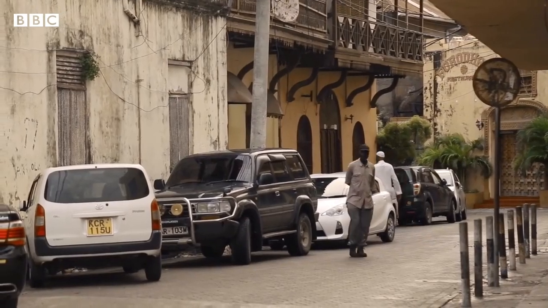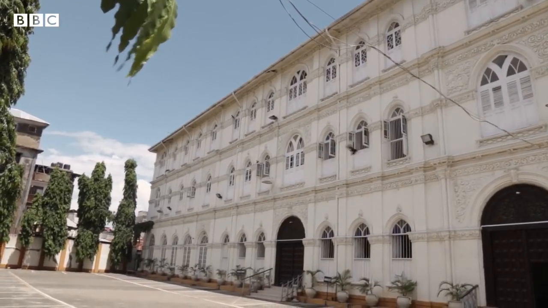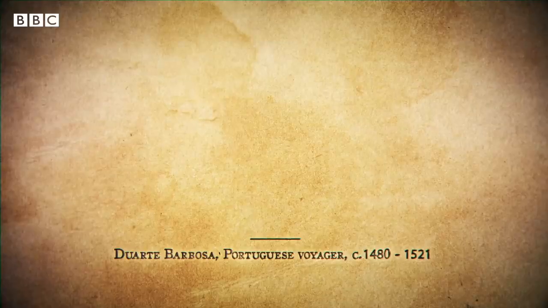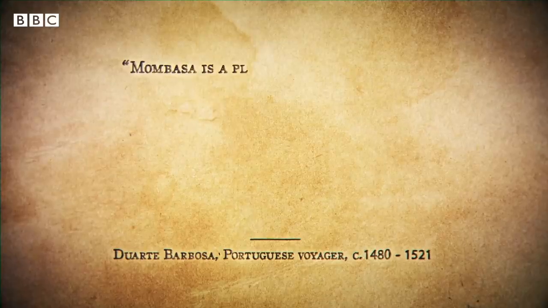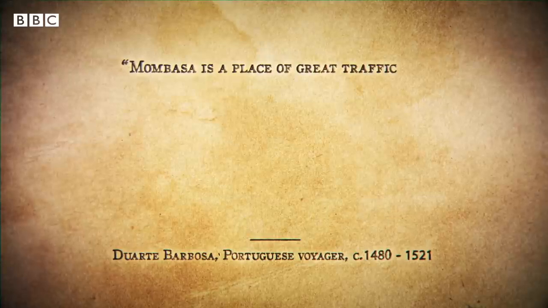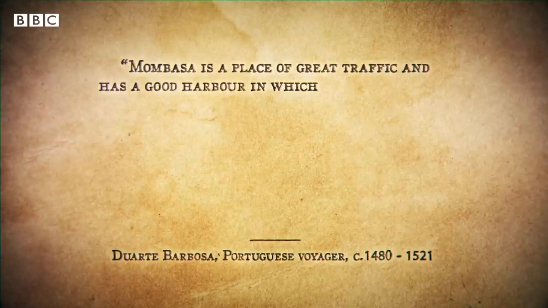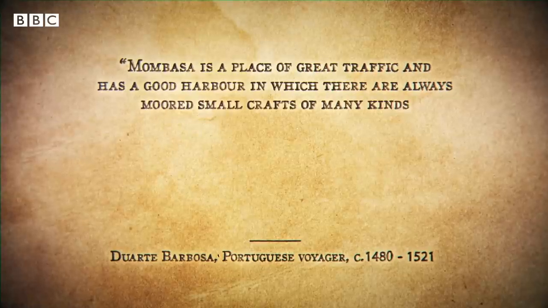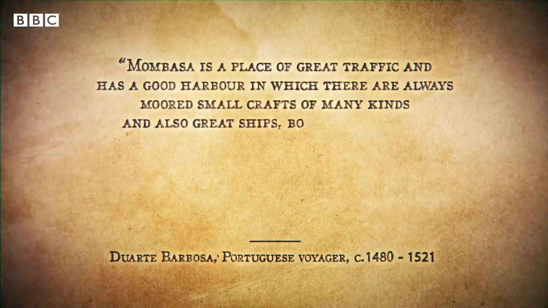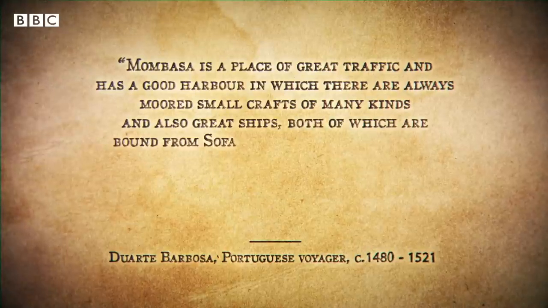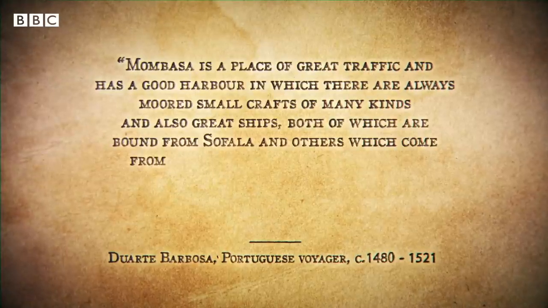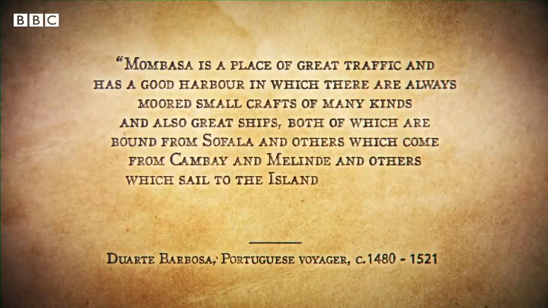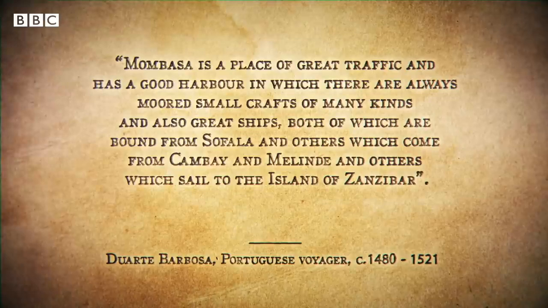In the late 15th, early 16th centuries, the Portuguese voyager Duarte Barbosa wrote of Mombasa, "Mombasa is a place of great traffic and has a good harbour in which there are always moored small crafts of many kinds and also great ships, both of which are bound from Sofala and others which come from Cambay and Malindi and others which sail to the island of Zanzibar."